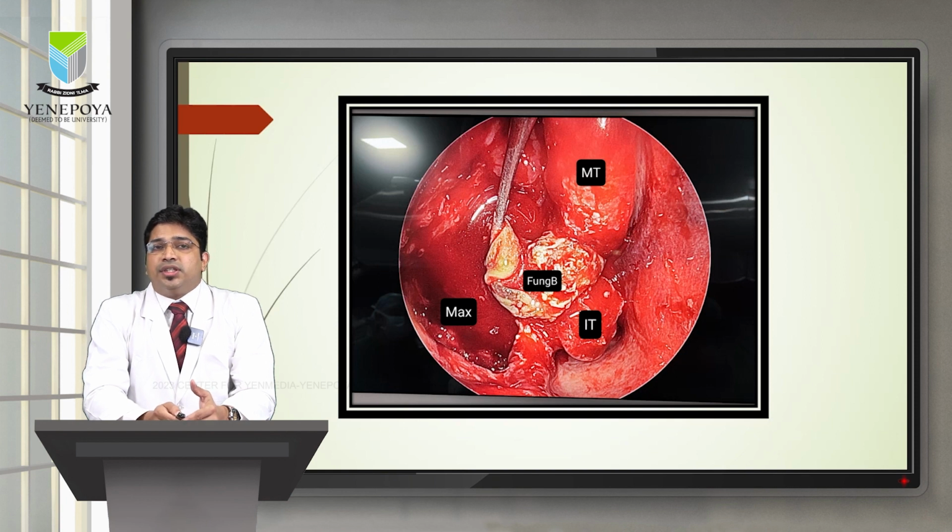As I already mentioned, these are immunocompetent individuals without comorbidities. Hence, the body would have been successfully able to contain the infection within the single sinus. The fungal hyphae would have interspersed within to form a fungal ball, which will be successfully removed by the endoscopic sinus surgery, and the patient will have a very good prognosis.